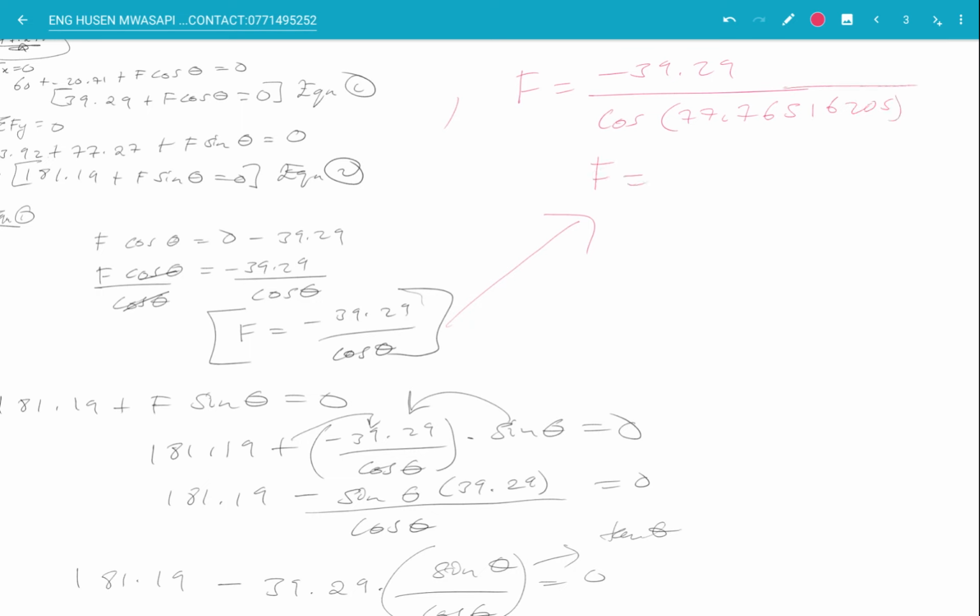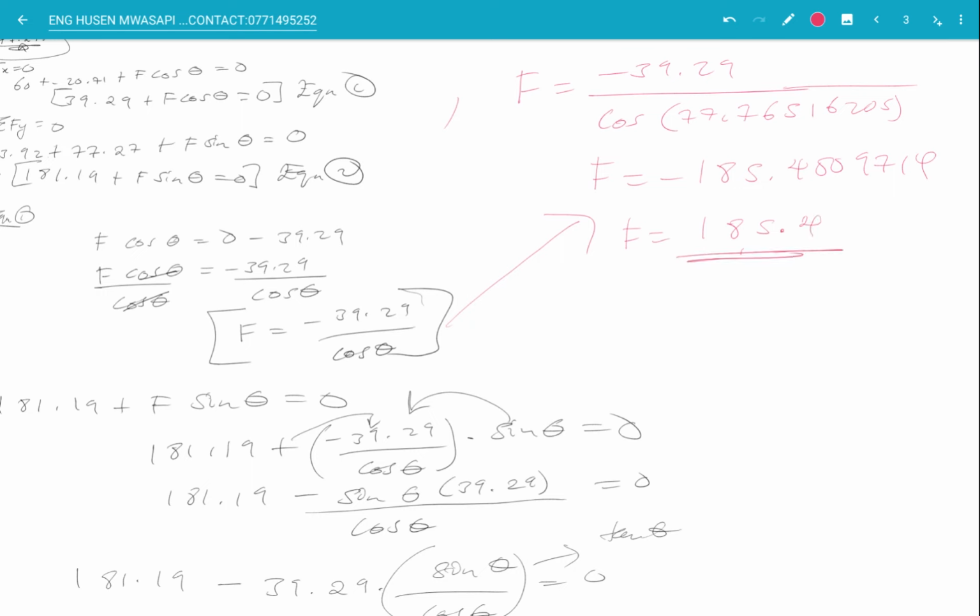Now you just have to compute this. F is going to be equal to minus 39.29 divided by cos of that answer you got, and this will give you negative 185.4009714.